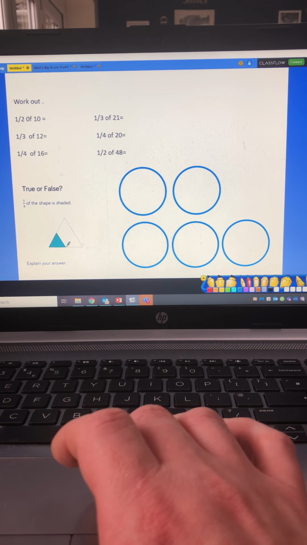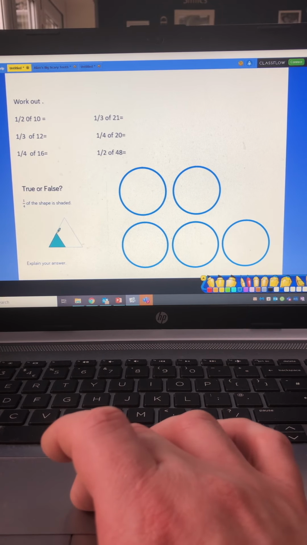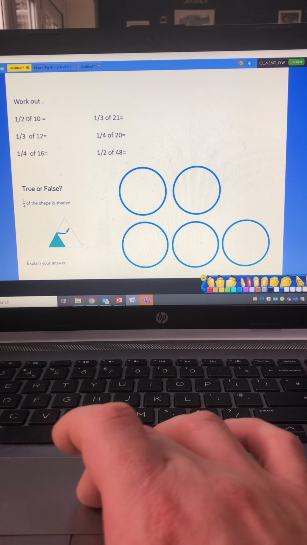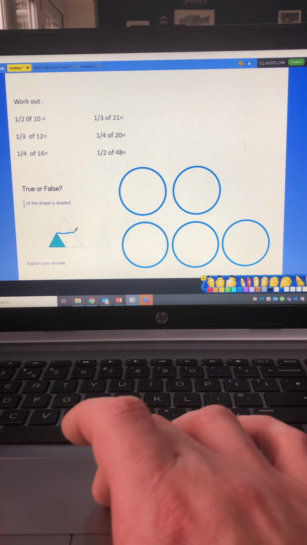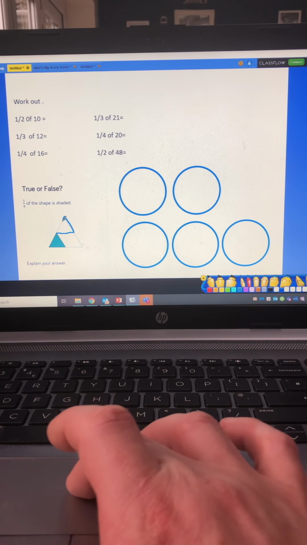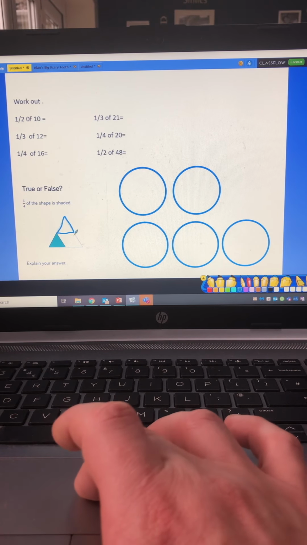The difficulty is there are no equal lines to work out if one part of the 4 parts that are there is coloured. We can, though, surmise that from the top point of the triangle, if we were to draw a straight line going across, it would create the other part of the triangle there.